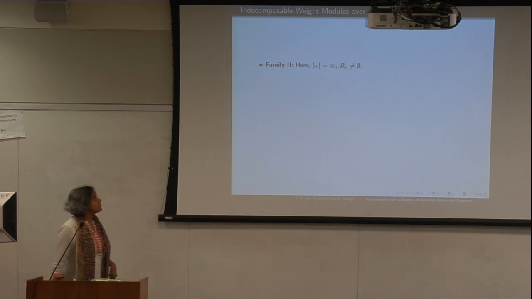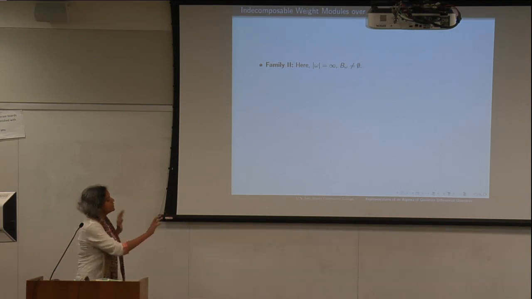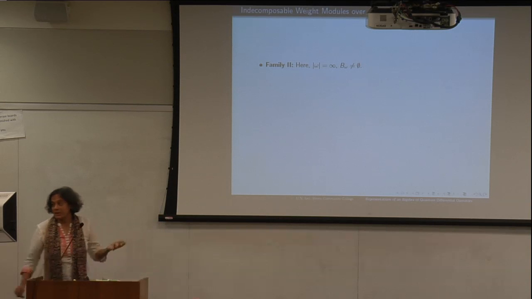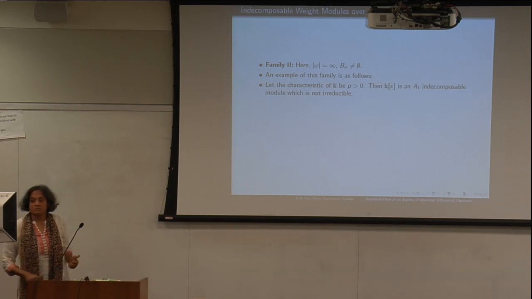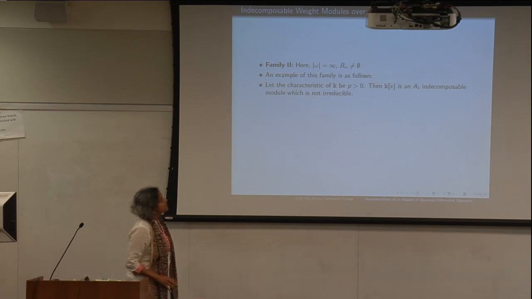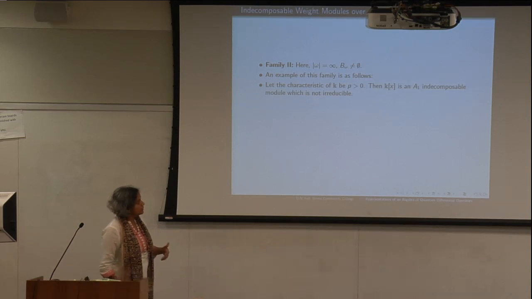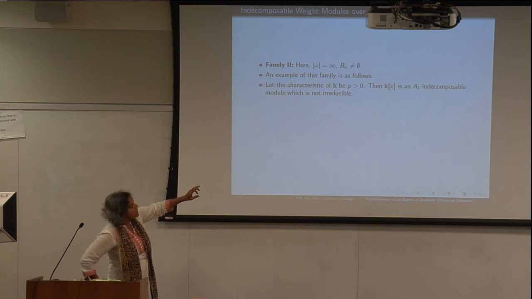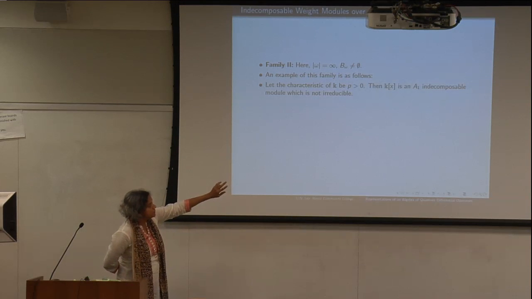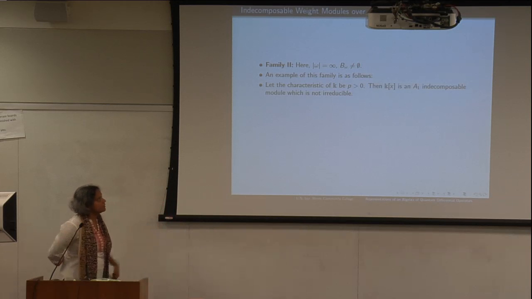Second family: here again I have a chain, but there are breaks. An example of this is as follows. Take the characteristic of the underlying field to be p, non-zero. Then view K[x], the polynomial ring, as an A1 module, the natural A1 module.